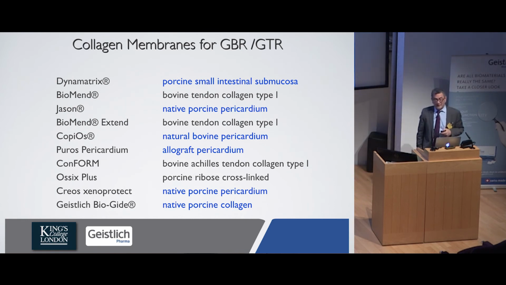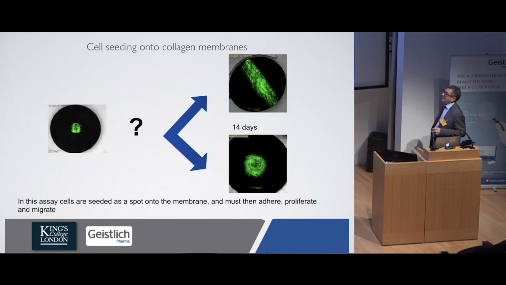And you can see this quite clearly if you take some cells and you seed them onto a membrane and grow them for a bit, then the membranes that are not reassociated but extracted directly, processed from a tissue, encourage directional growth, whereas these are cells that have been stained fluorescence, just to give you a nice green color.